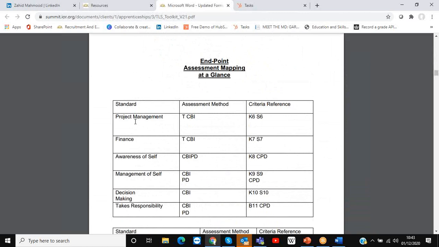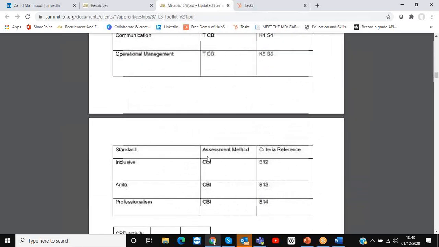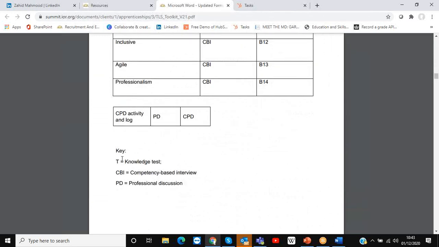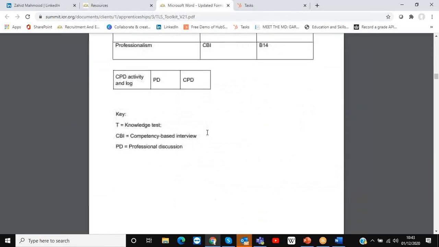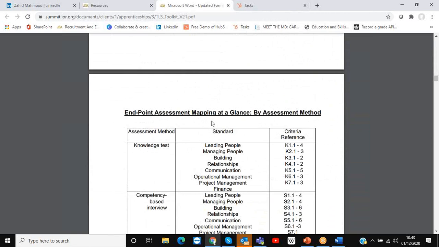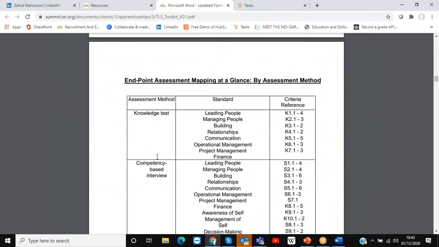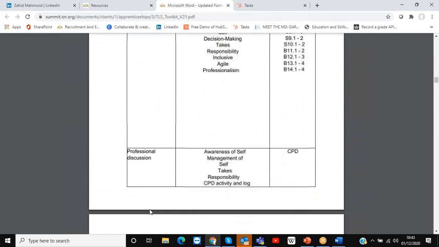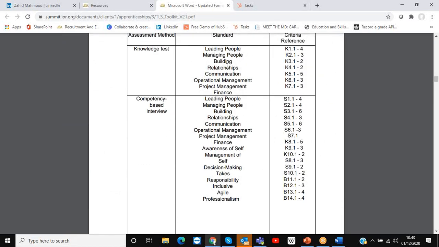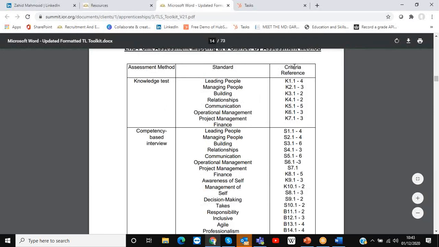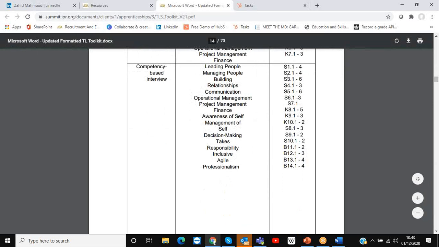Firstly, by learning outcome, with a key at the bottom to say which component relates to which learning outcome, and then another mapping document by component, which clearly shows which learning outcomes are related to which EPA component, with the criteria reference for the knowledge, skills, and behaviours.